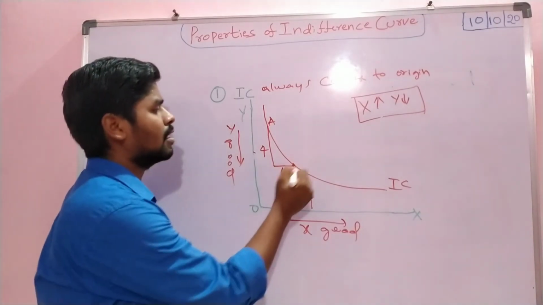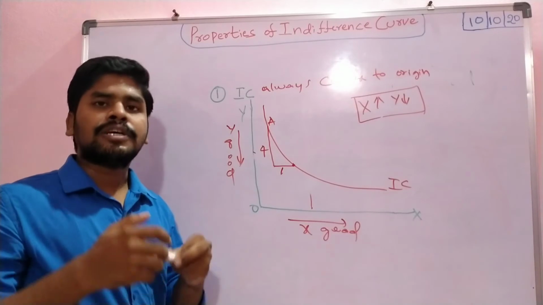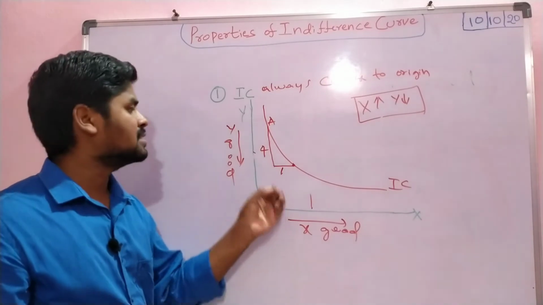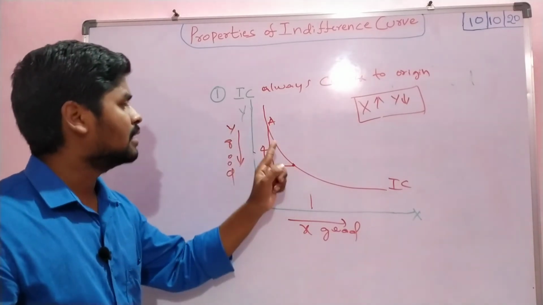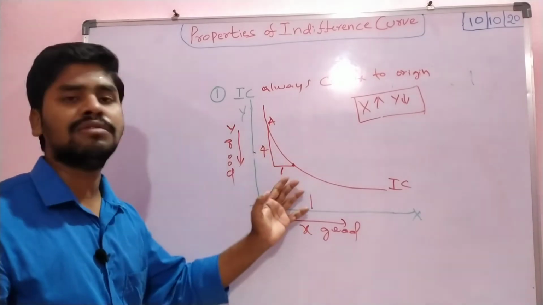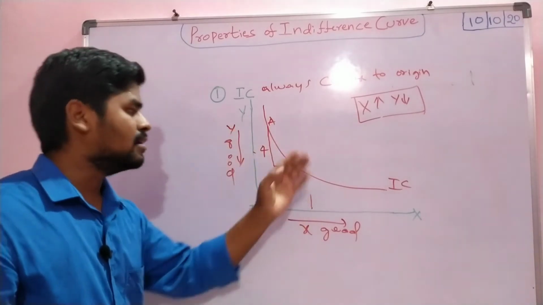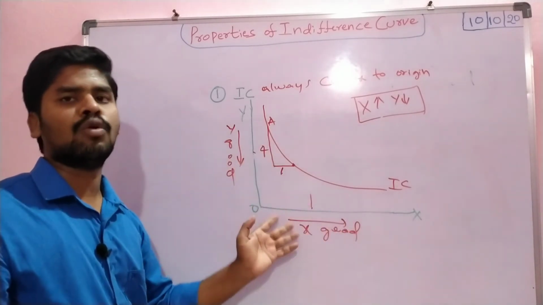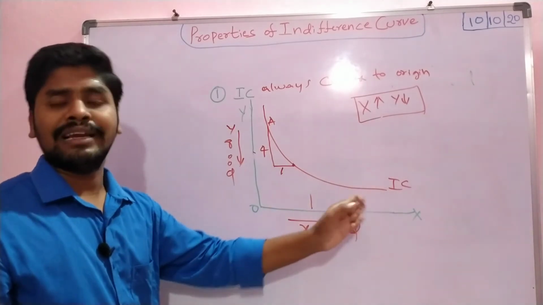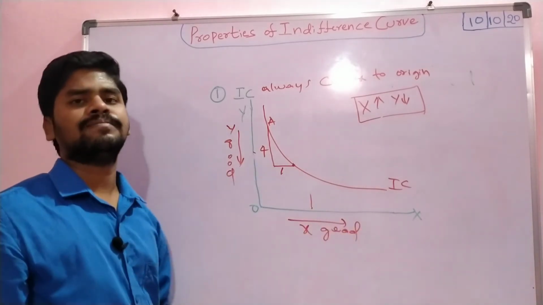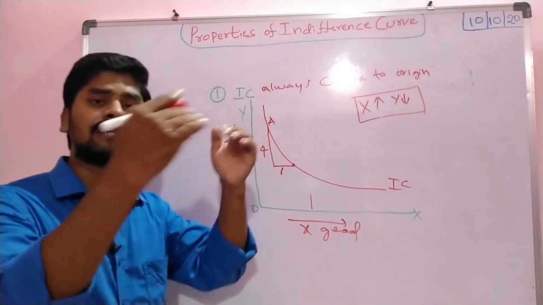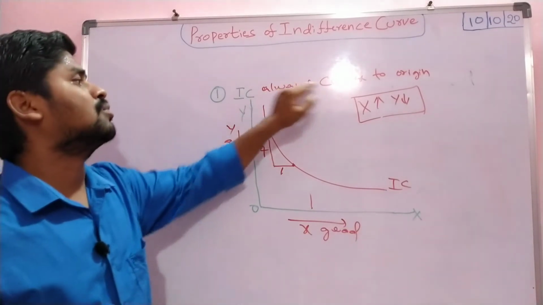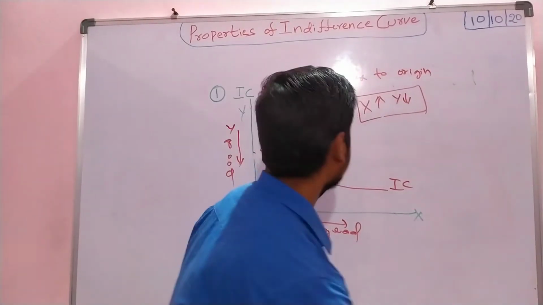That is why the marginal rate of substitution, MRS, is a diminishing ratio. Again from B to C, 3 units need to be forgone for 1 unit of x, and from C to D, 2 units need to be forgone for 1 unit of x, and from D to E we forgo 1 unit for x. So the ratio is continuously diminishing. That is the reason why the indifference curve is convex to the origin.